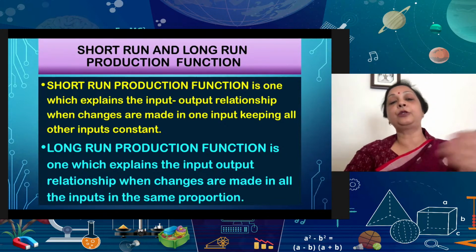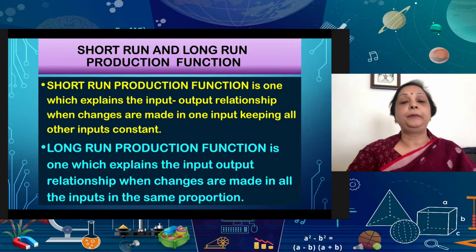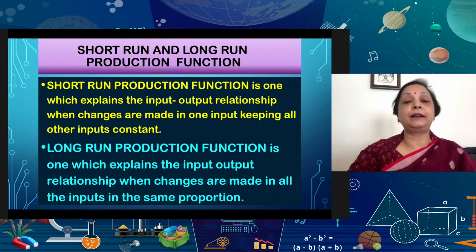Even if we are talking of machinery, factory building, in the long run, we can set up a new factory. So even that doesn't remain fixed. Enterprise management can also change. You can buy more machines, plant, equipment, machinery, everything can change in the long run. So no factor remains fixed in the long run.